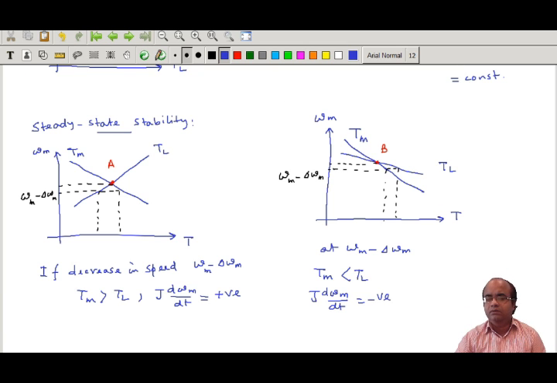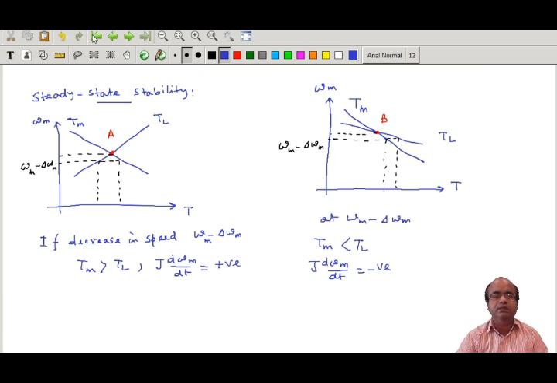Now, if I consider an increment in speed for the first figure, say this is omega m plus delta omega m. What is the motor torque? This point is the motor torque and this point is the load torque.